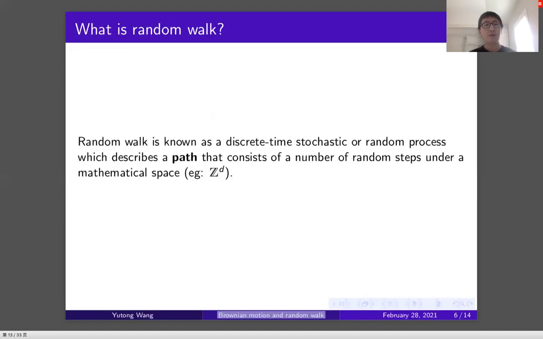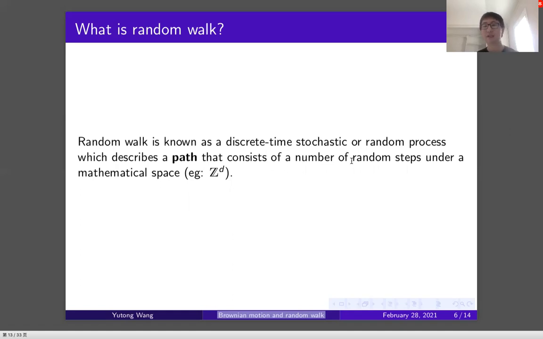Okay, so what is the random walk? How do we connect the random walk with Brownian motion? As we know, a random walk is a discrete time stochastic process. However, Brownian motion is a continuous time stochastic process. The random walk basically describes a path of many random steps in a mathematical space.